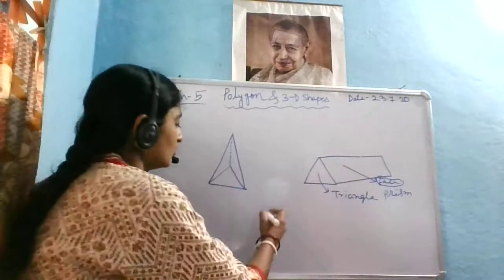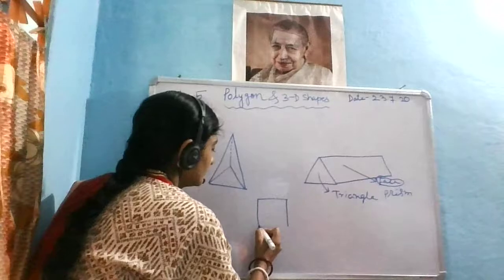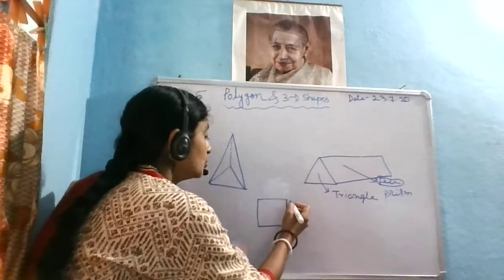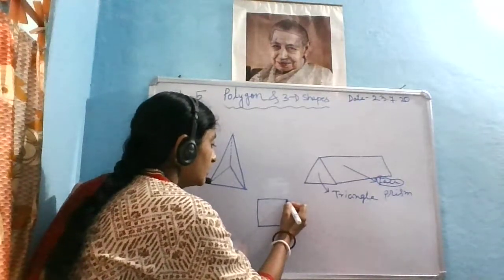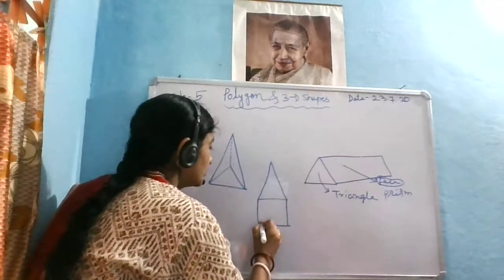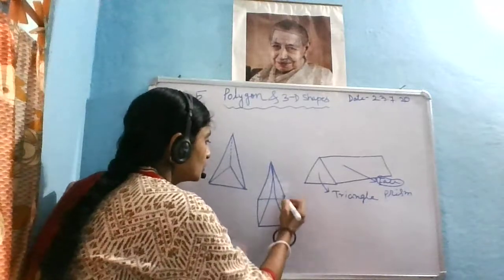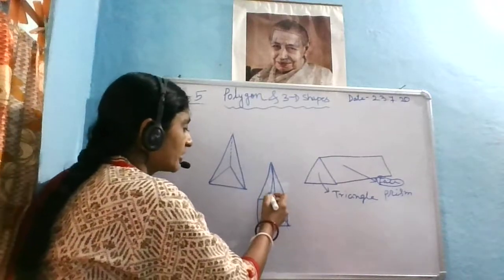It might be a rectangular one also, or a square one also. Let's put a square one. Now we will put 4 triangles. 1, then from this side 1, from that side one, and the front one. So how many triangles have I had?